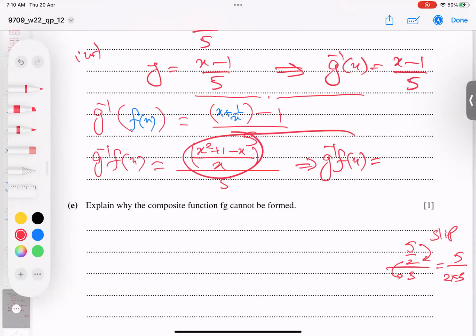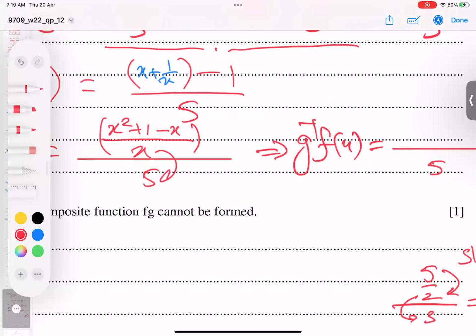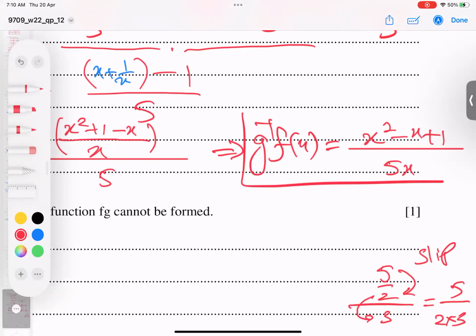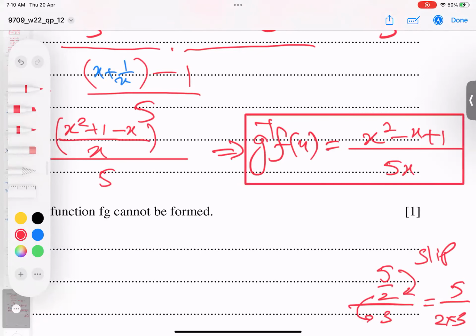It means this will flip down. 5 is already there, but this x will multiply with that. It will look like this, and the upper whole thing will come here. I'm writing in order. So Alhamdulillah, this is my final answer.